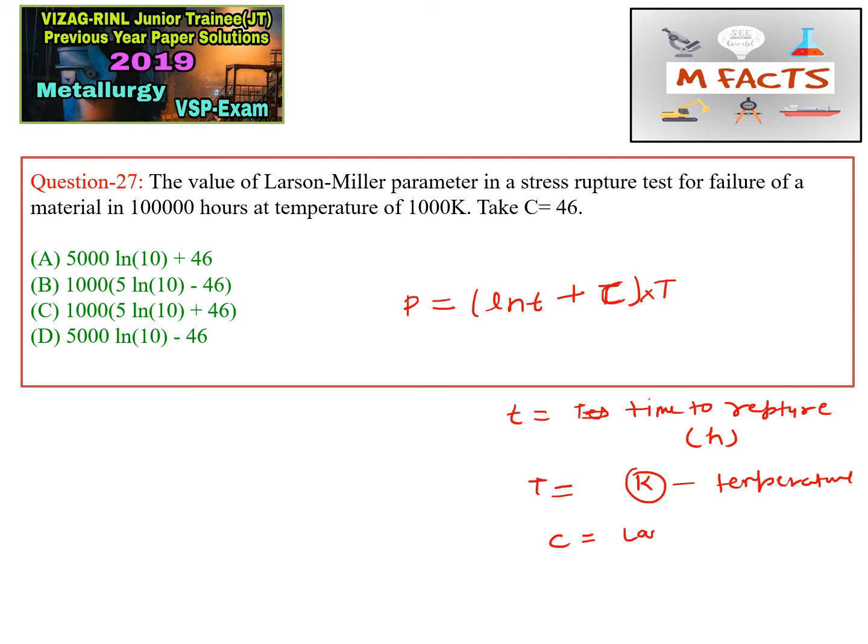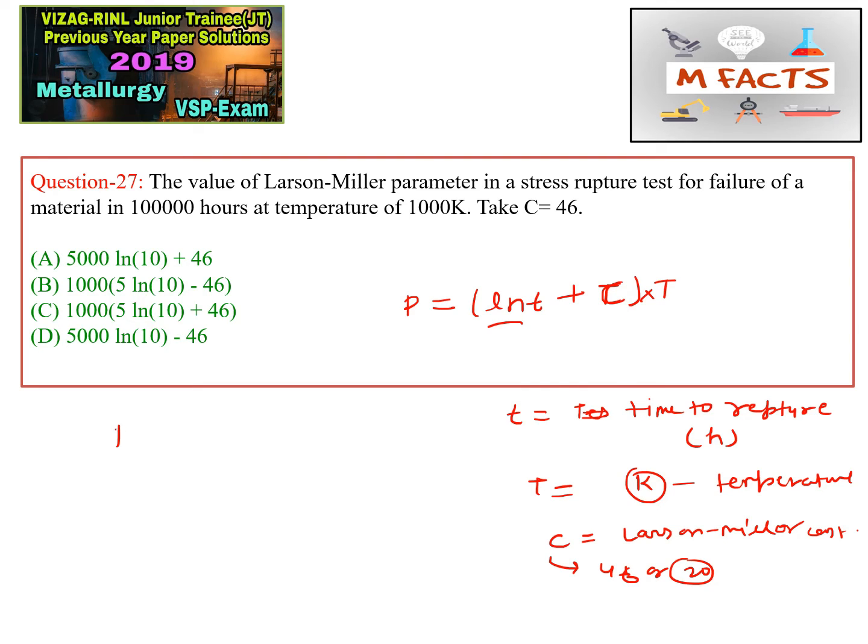This C may be 46 or 20, depending on the formula that we are taking, ln or log. Here we are taking ln because the options are given in ln.